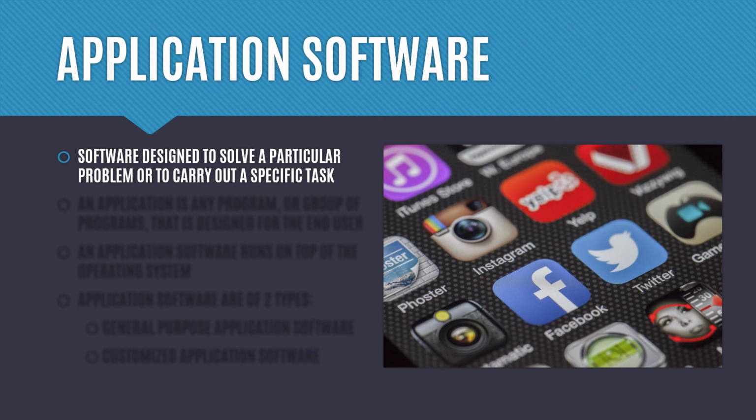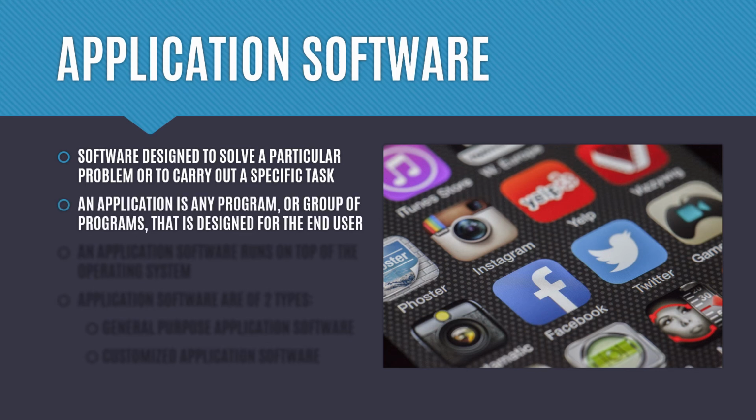So let me ask you, if you want to type, which application would you use? Microsoft Word. If you want to create an artwork, which application would you use? You would use something like Microsoft Paint. So for different problems, for different tasks, you have different application software. And these software are designed for the end user, for people like you and me.